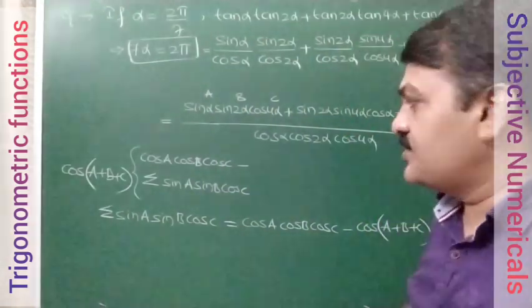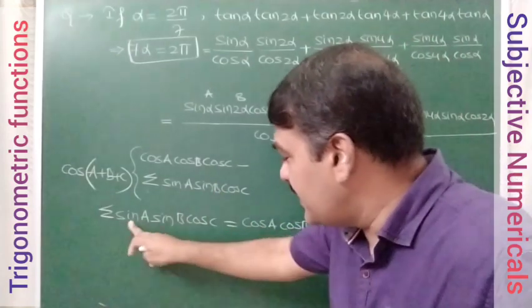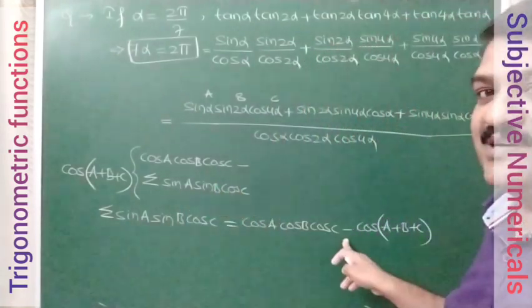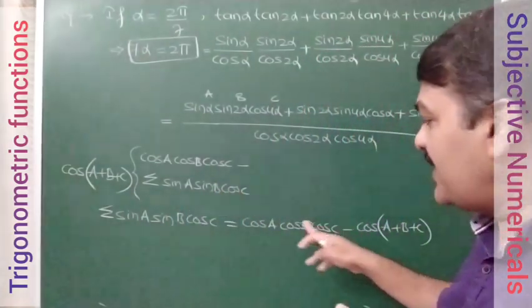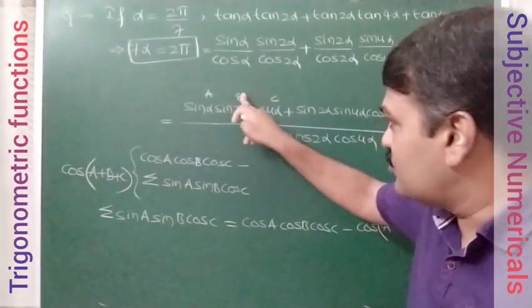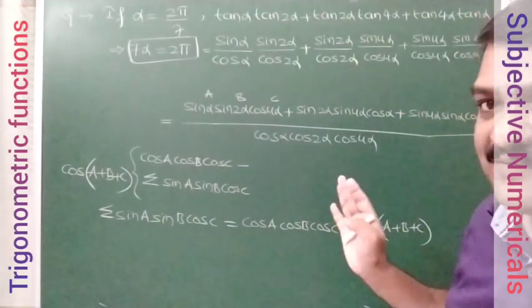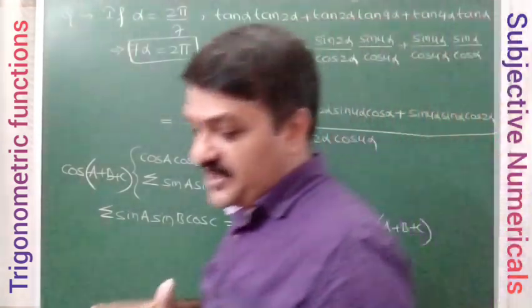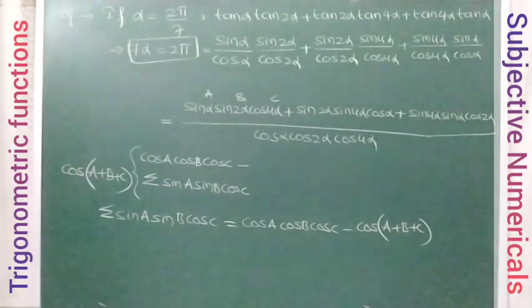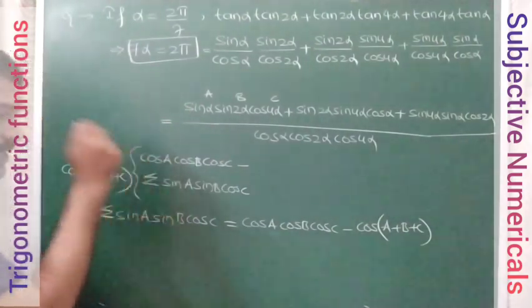Okay, so therefore the numerator is in this model for which we will use this formula. And in terms of angles, alpha, 2 alpha, 4 alpha are the angles to be used in place of A, B, C. Okay, so I will try to write the numerator using this formula now.